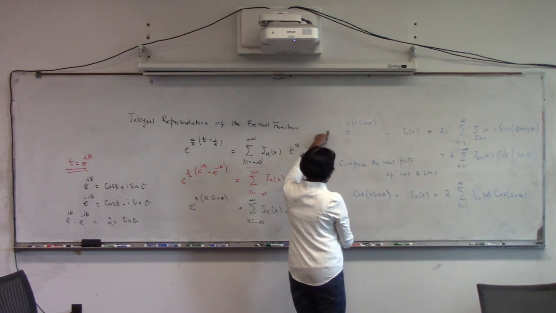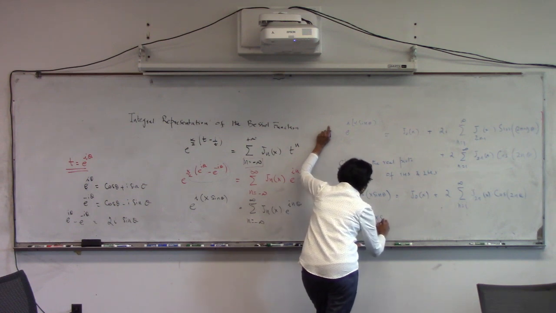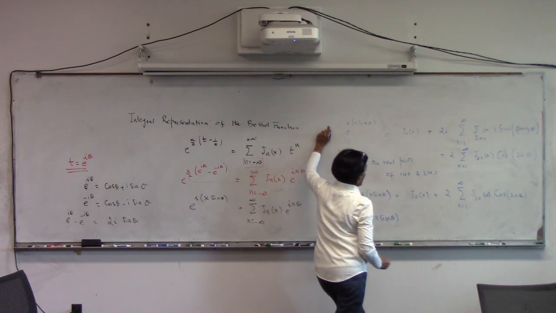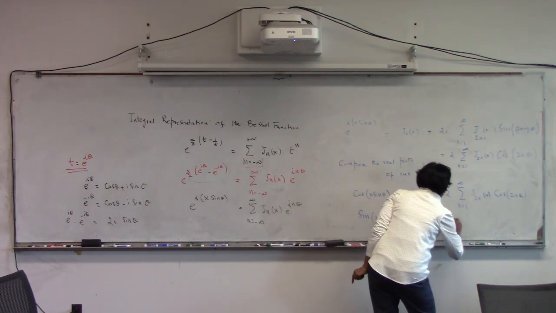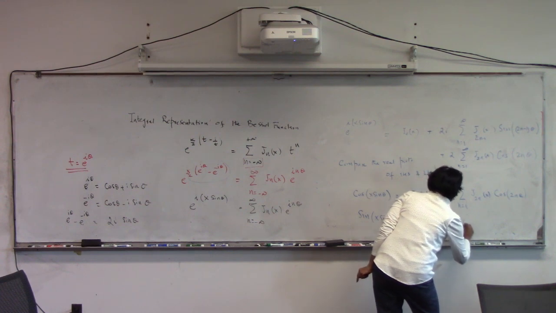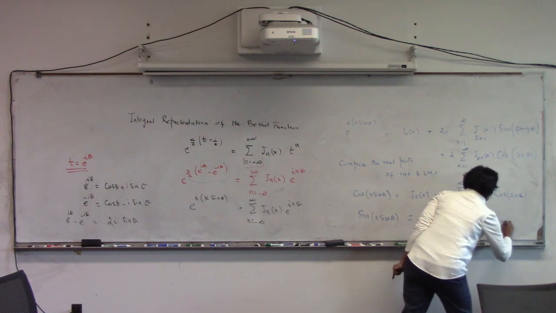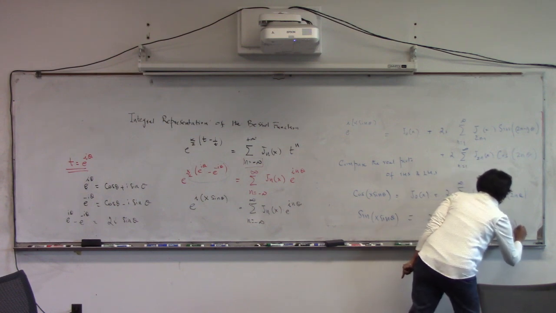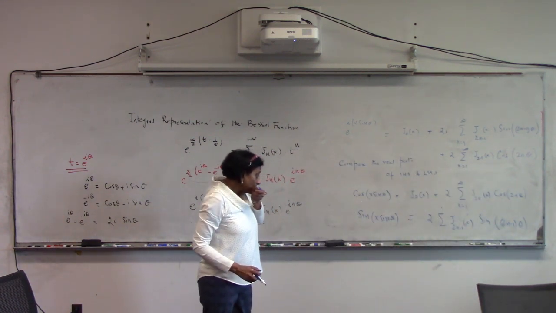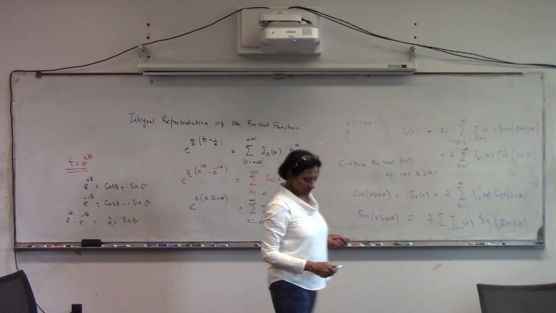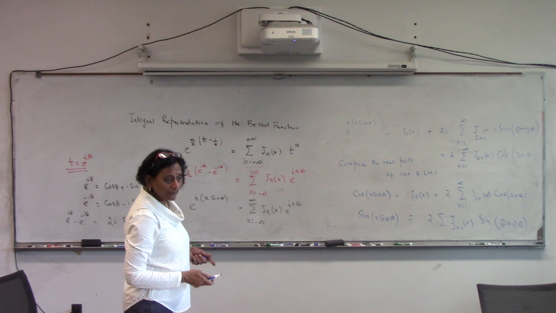And then the imaginary part, when you compare, I will have sine of x sin theta equal to 2 times the sum of J_{2n-1}(x) sin((2n-1)theta). All right. Is this clear up to this point?